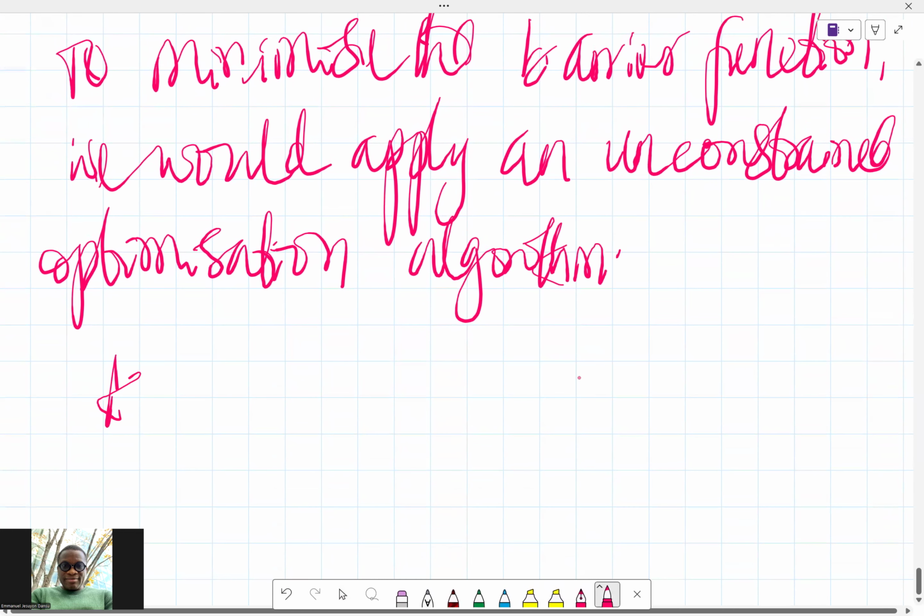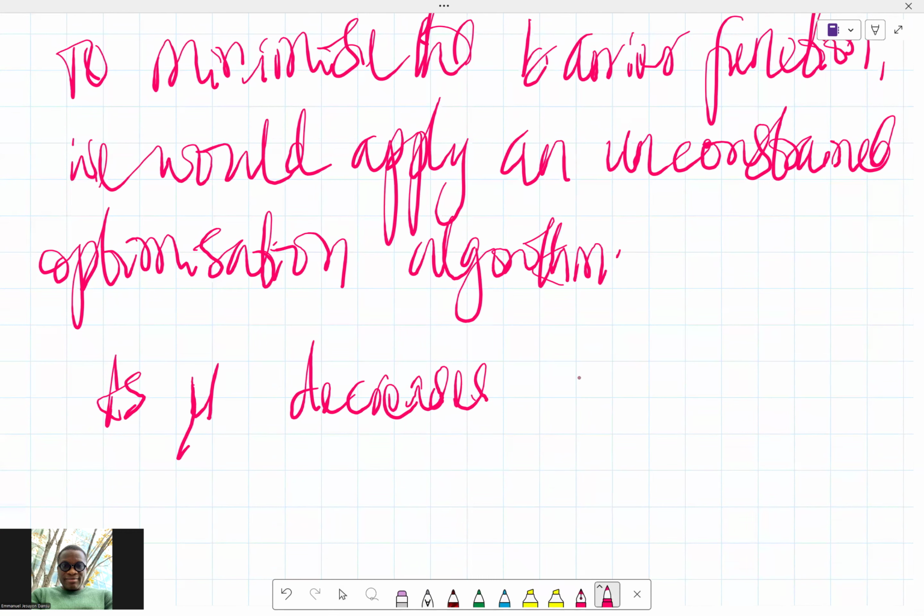right? So as the barrier penalty mu decreases, so in the case of penalty parameter, it has to be increasing, right?